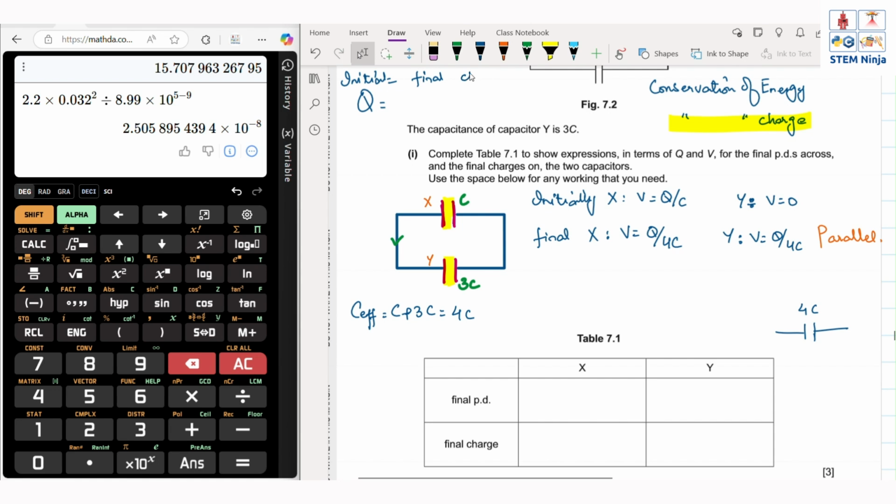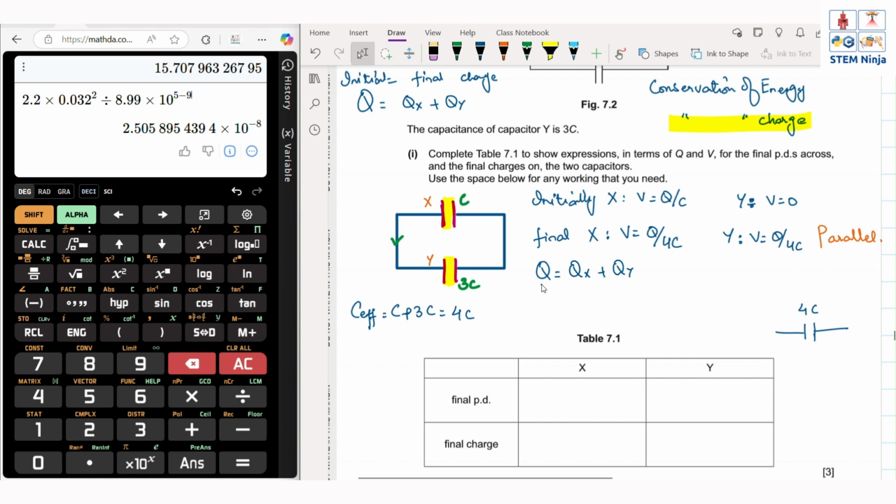Initial charge is Q, so final charge Qx plus Qy will be the same also. These two things must add up to the initial charge. So how are we actually going to do this? We know that Q is equal to Qx plus Qy.